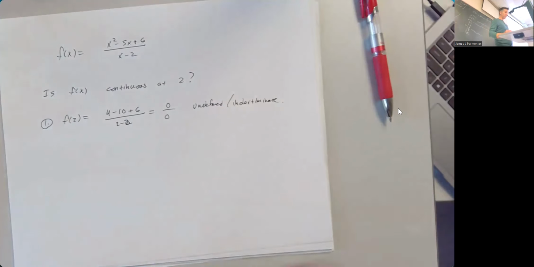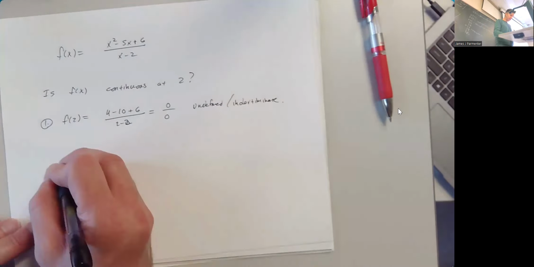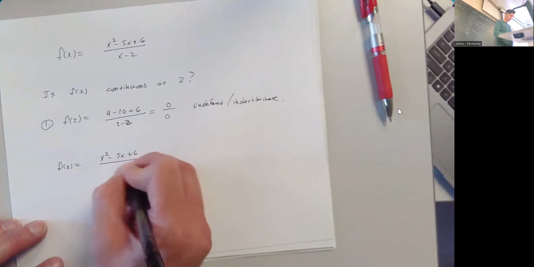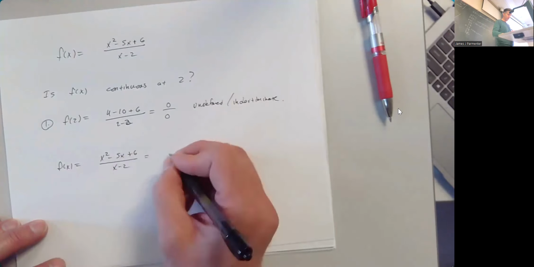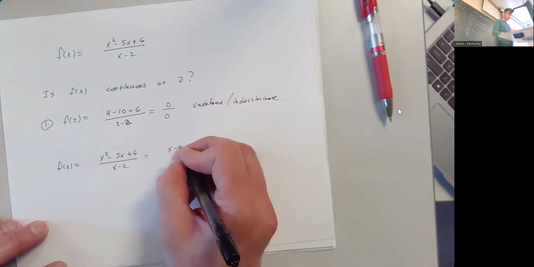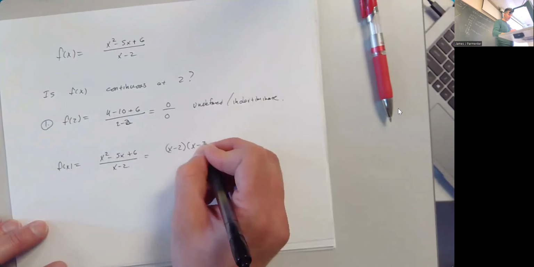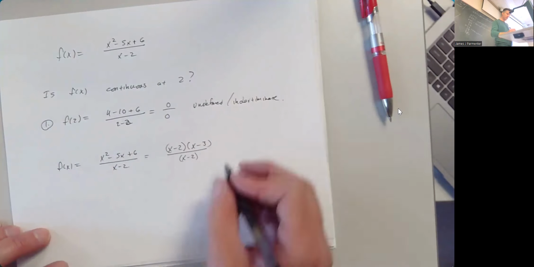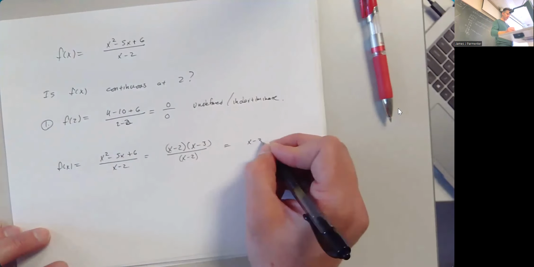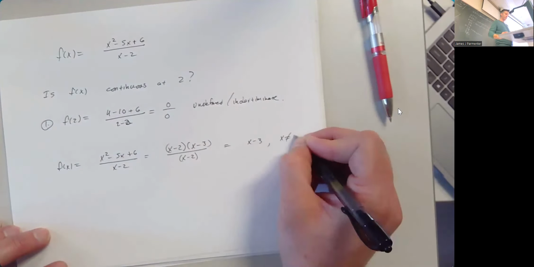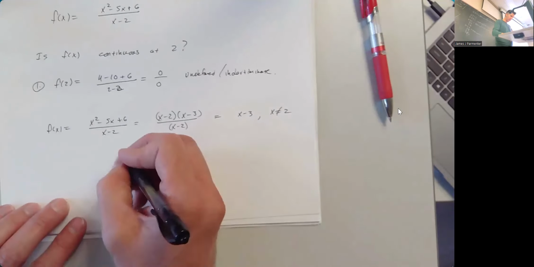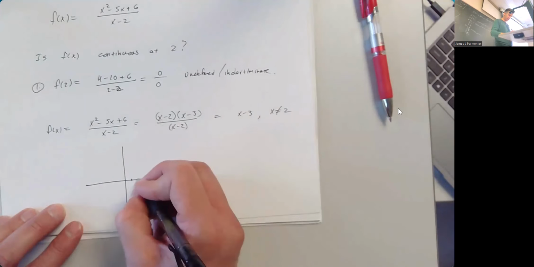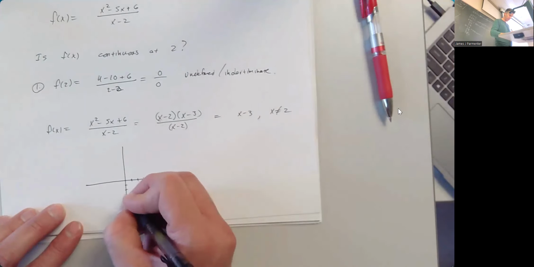Here's what this graph looks like. F of x equals x squared minus 5x plus 6 over x minus 2 is equal to, if you factor the top, x minus 2 times x minus 3. And so as long as x is not equal to 2, this looks like just x minus 3. So this graph looks like y equal to x minus 3, which has an x-intercept of 3 and a y-intercept of negative 3.